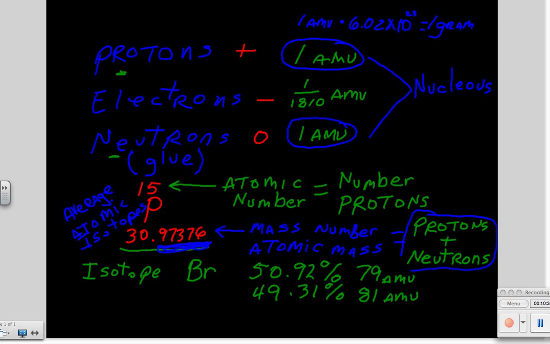Atomic mass, which is what we're looking for, is equal to the percentage found, 0.5092, times that isotope's mass, 79 AMU.